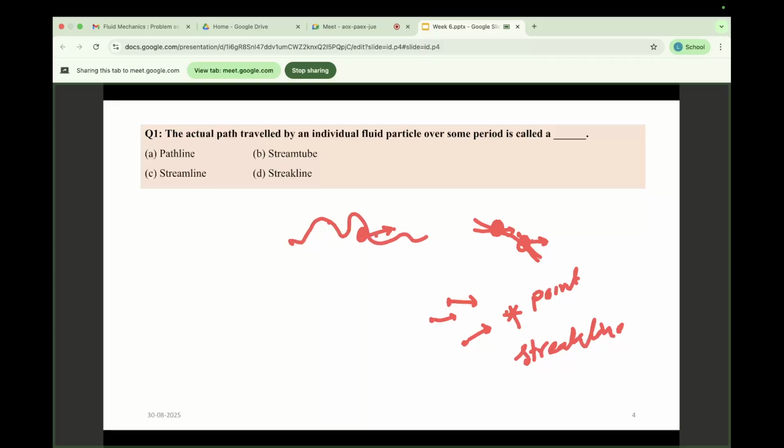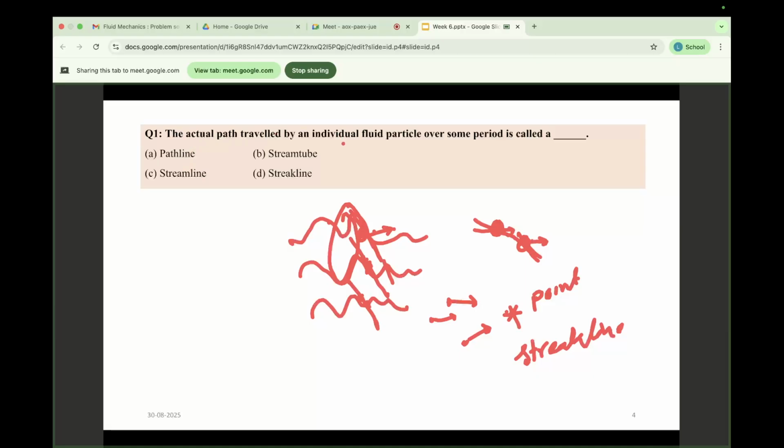If you draw this tangent, this is known as the streamline. This is for one particle. Say another particle is there, and if you draw another tangent, then this is its streamline. Similarly for another particle. If we combine all these streamlines together, then it will appear like a tube or a cylinder. That is known as the stream tube.